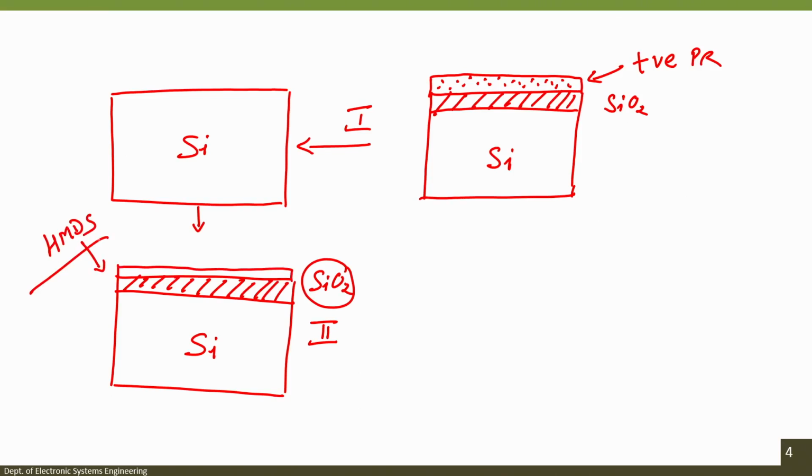This HMDS will create a site for improving the adhesion of positive photoresist or negative photoresist with silicon dioxide, or in other words, it improves the adhesion of the photoresist on any surface or most of the surfaces. You got it.